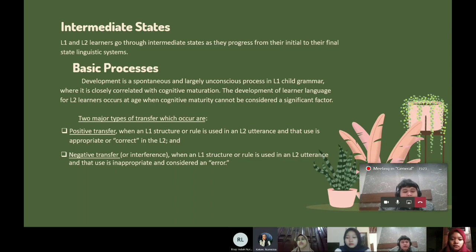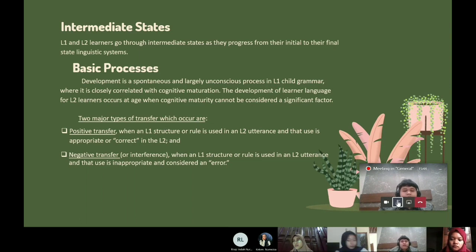L2 learners reach a high level of maturity and can use L1 with authority by the time they start learning L2.